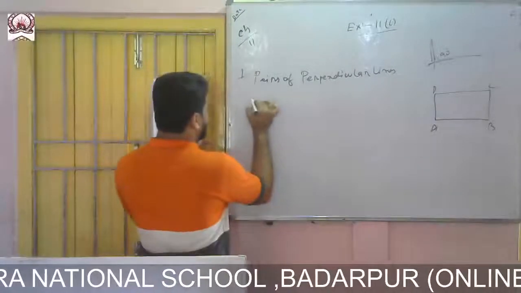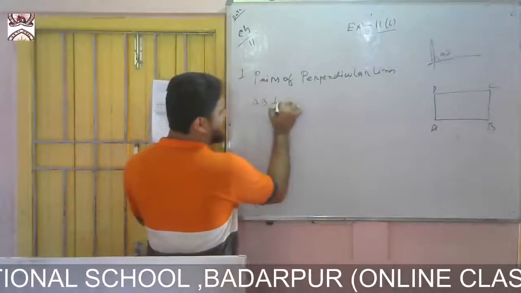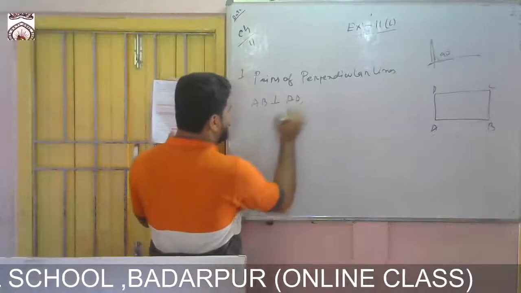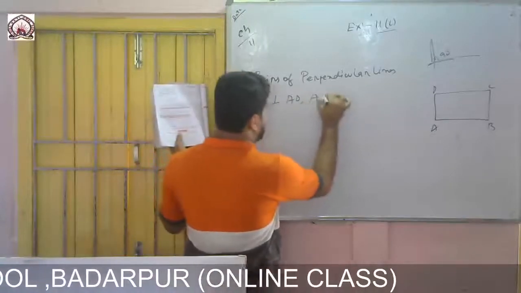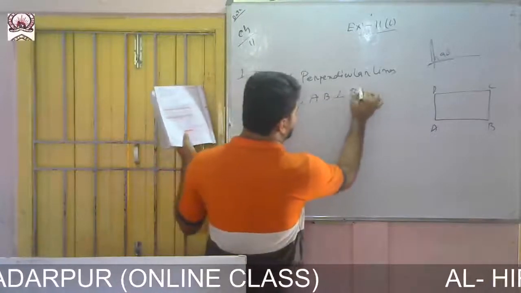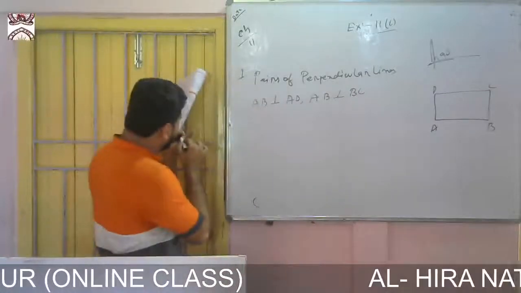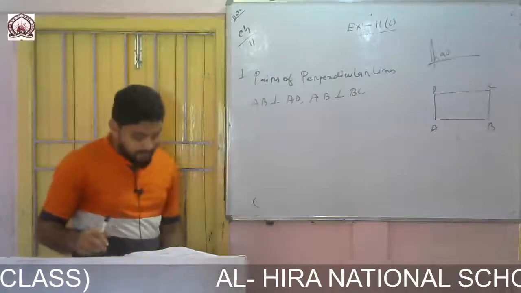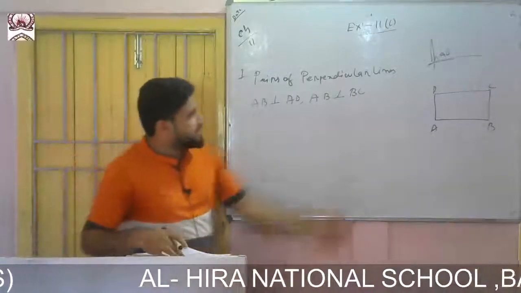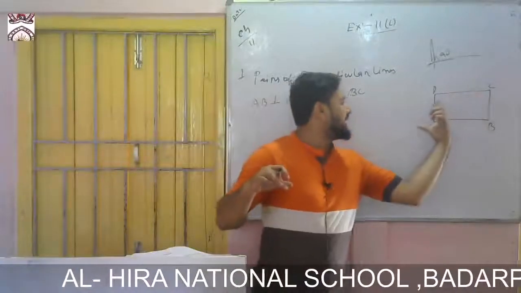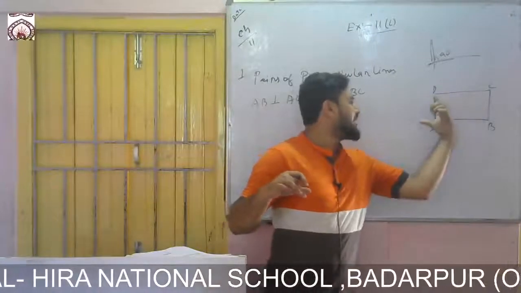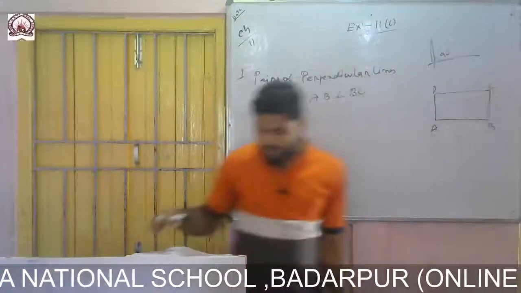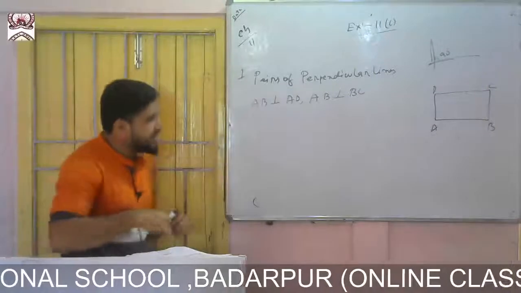So I can write AB perpendicular to AD, one pair. Then again AB perpendicular to BC, two pairs I got. Another I can say is DC. DC is perpendicular to AD and BC.